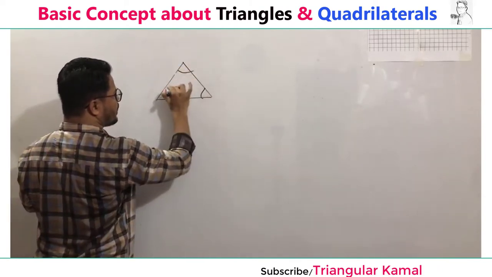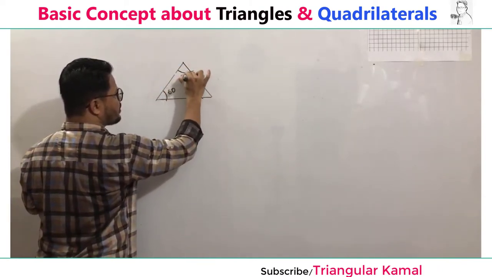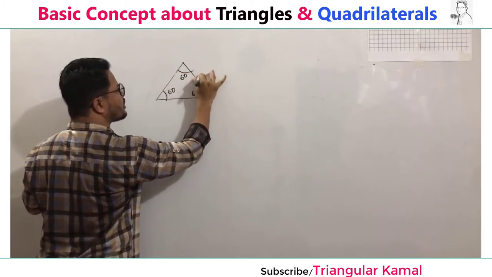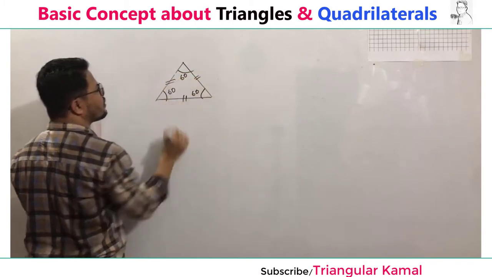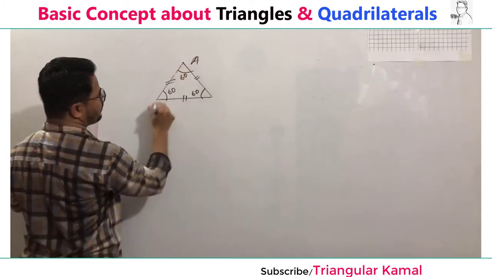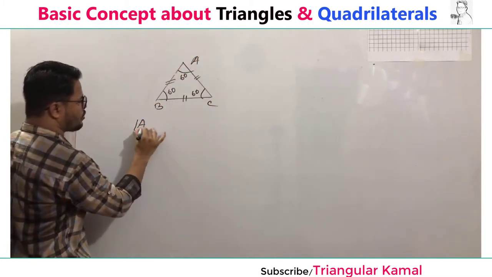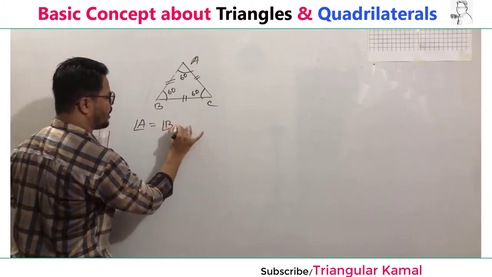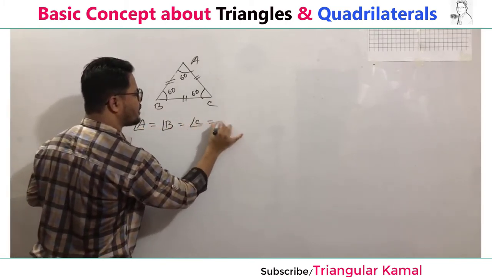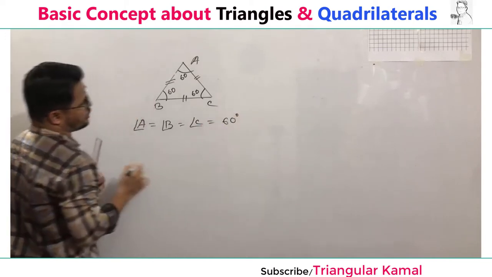The same, 60, 60 and 60. A, B, C. Angle A equals angle B equals angle C equals 60 degrees.